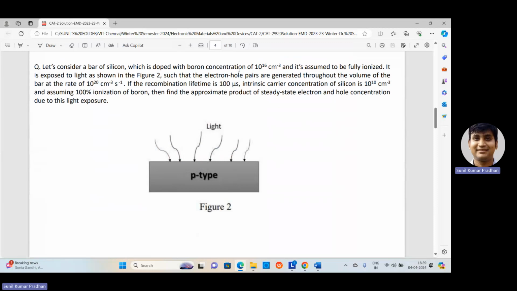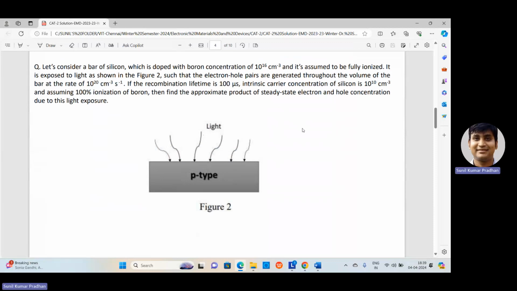It is assumed to be fully ionized. Let it be exposed to the light, that means it is irradiated with light as shown in the figure 2, such that electron hole pairs are generated throughout the volume of the bar at the rate of 10 to the power 20 centimeter to the power minus 3 second inverse.